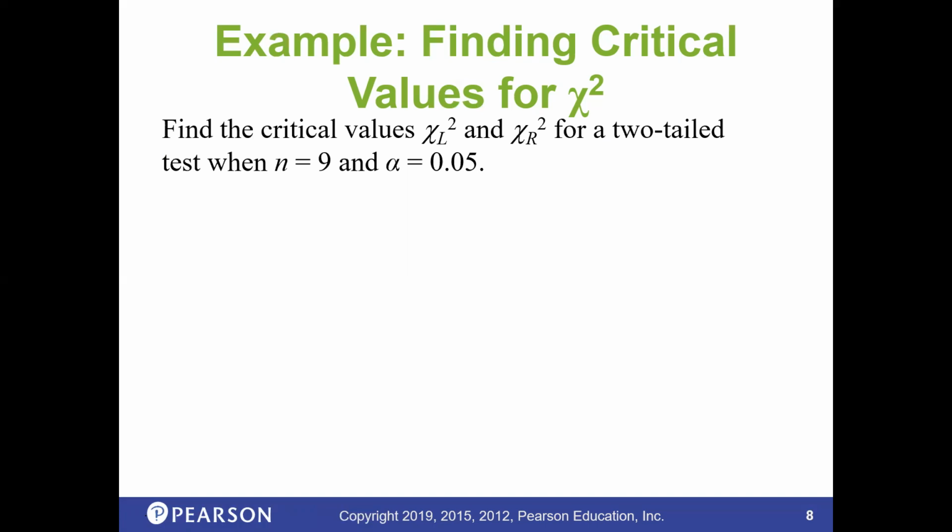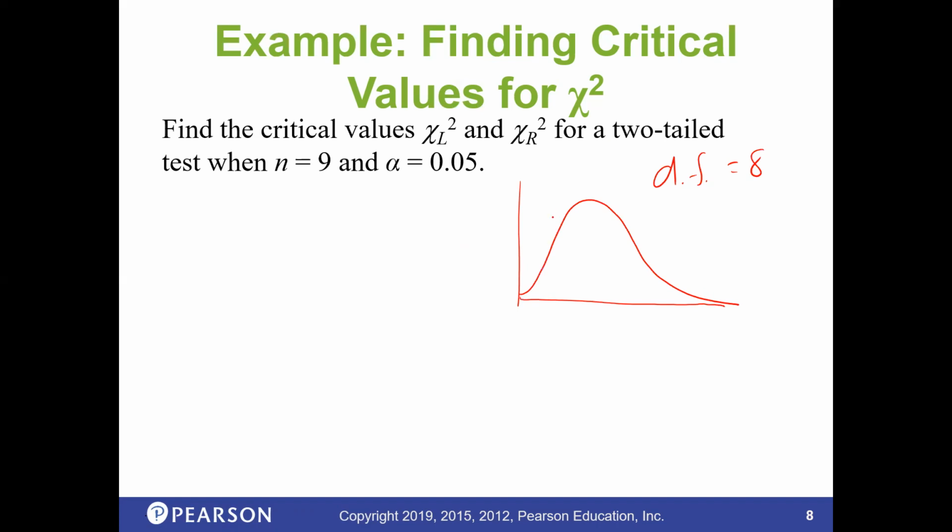So degrees of freedom, what do you guys say? 8, right? Degrees of freedom is 8. And now the fun begins, because it's a two tail, alpha is 0.05. Let me draw this out so we have an understanding of it. Half of it should be on this side.